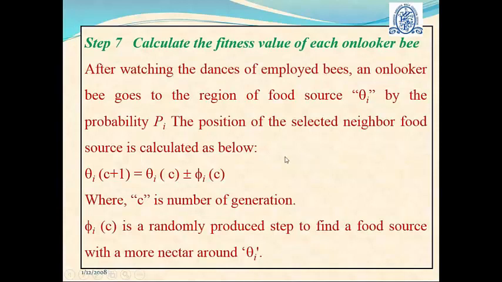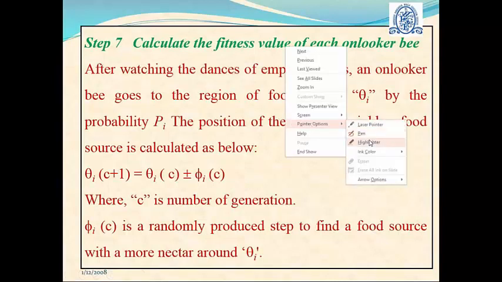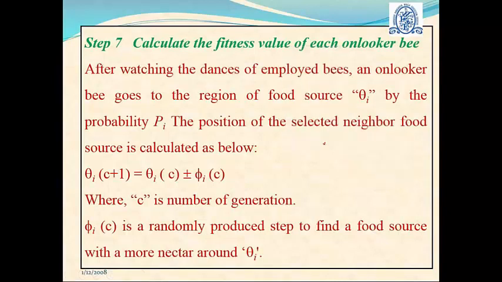Suppose this was your initial food source, or this was the initial employed bee solution, and suppose its value is, for example, 12.3. Let us assume this value as 10. Then, as we have already assigned the onlooker bees to the employed bee, suppose 3 onlooker bees are assigned to this employed bee. So it means that we have to regenerate this solution 3 times.